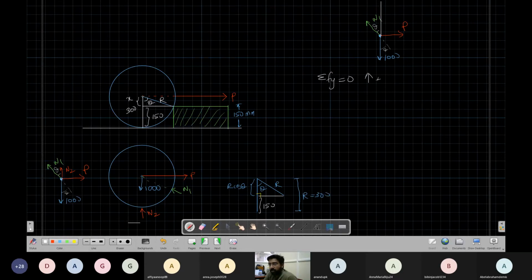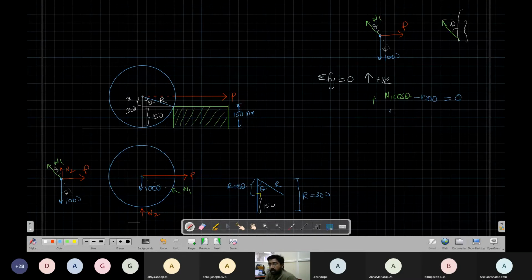I'll assume the up direction is positive. I can assume down also positive, it doesn't matter, but let me assume up is positive. So N1 is positive. This is N1, this is theta, this is my horizontal and this is my vertical. So the vertical component is N1 cos theta, positive. Then down I have 1000, so minus 1000 should be equal to 0.